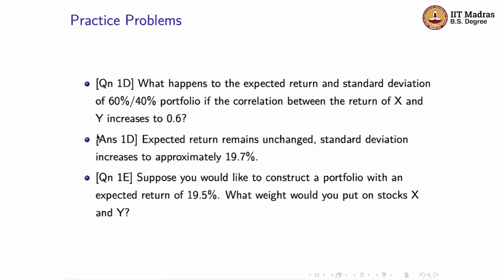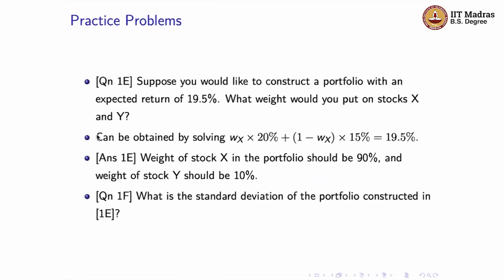So therefore, what we can do here is think about, suppose I decide to put a weightage of WX on stock X, and therefore the weight on stock Y has to be 1 minus WX, right? Then the expected return of the portfolio with a weight of WX on stock X is going to be WX into 20% plus 1 minus WX into 15%, right?